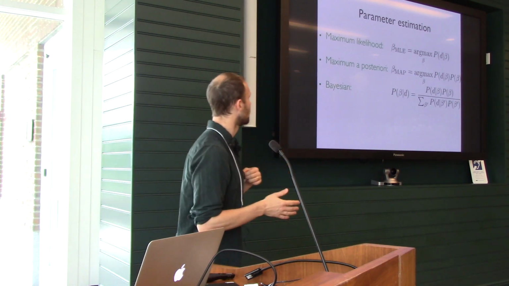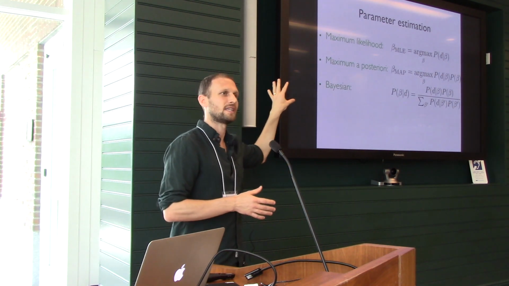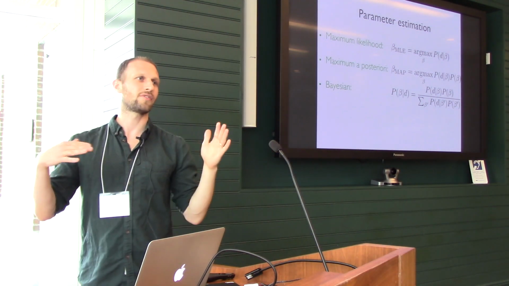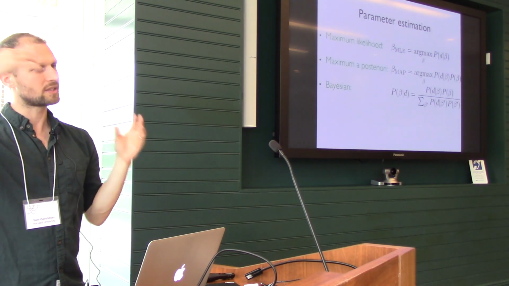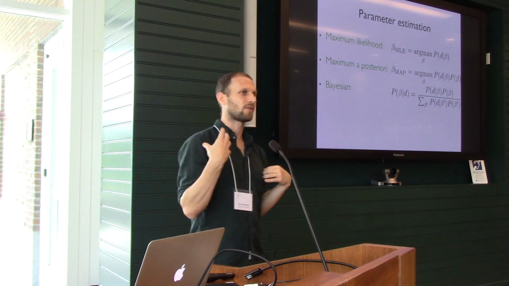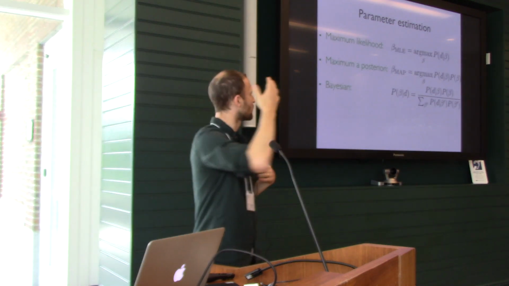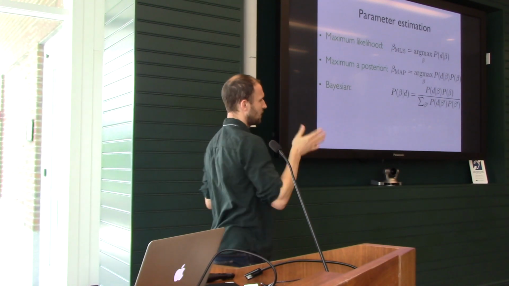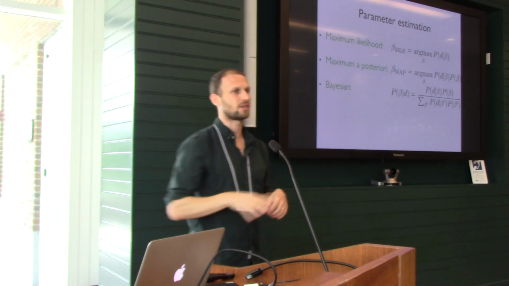So these different parameter estimation techniques are an orthogonal dimension to the model fitting process relative to the generative model. These estimation algorithms and objective functions can be applied to any particular generative model.